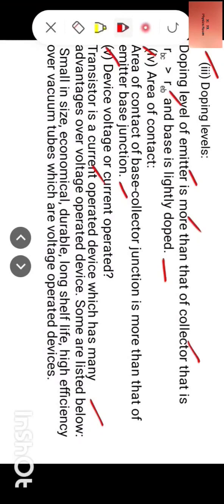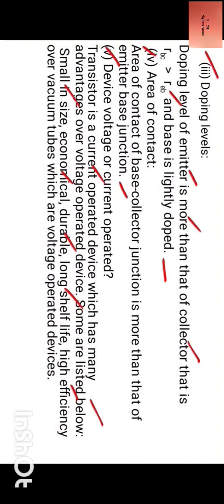A transistor is small in size, economical, durable, long shelf life, and high efficiency over vacuum tubes, which are voltage operated devices. These are preliminary information about the transistor.